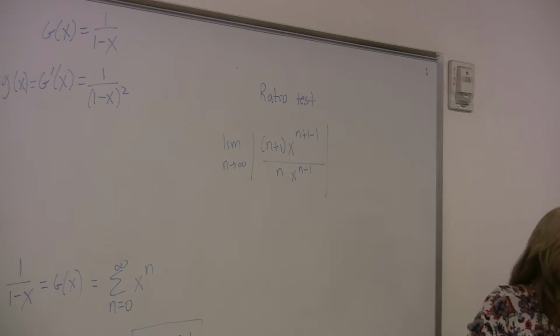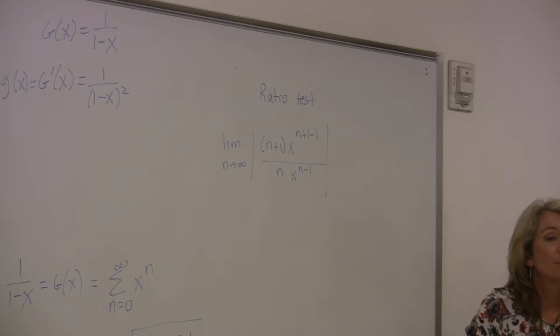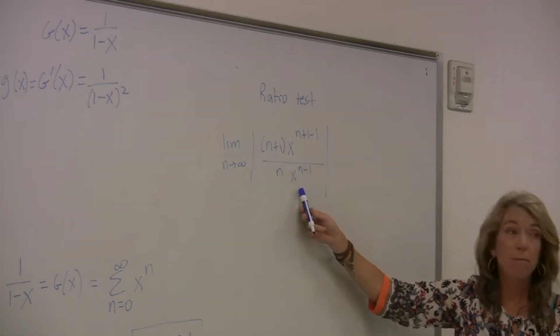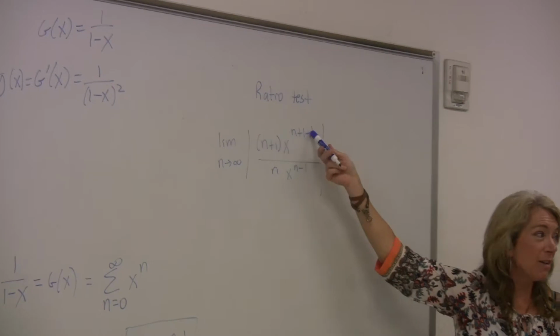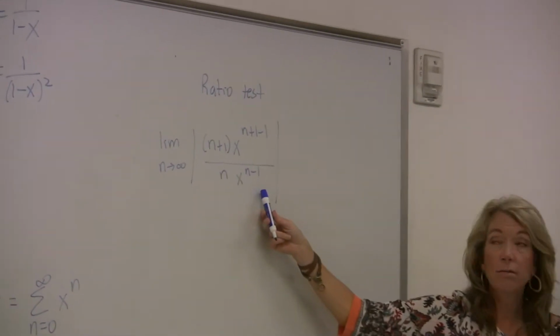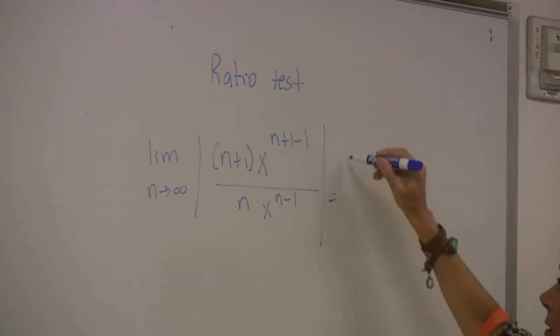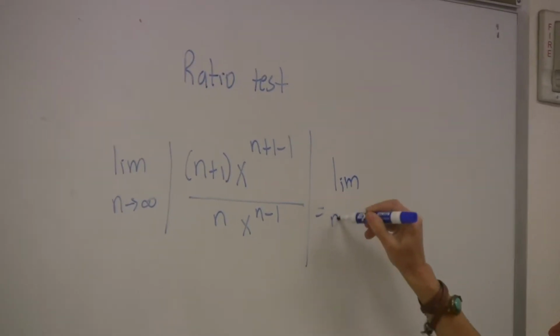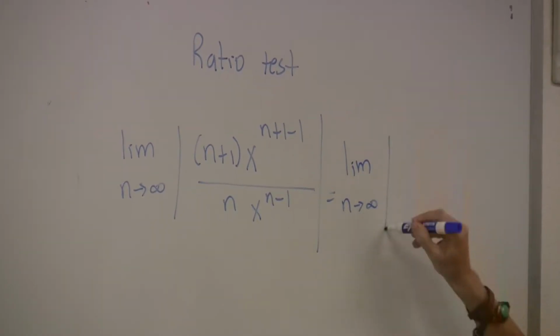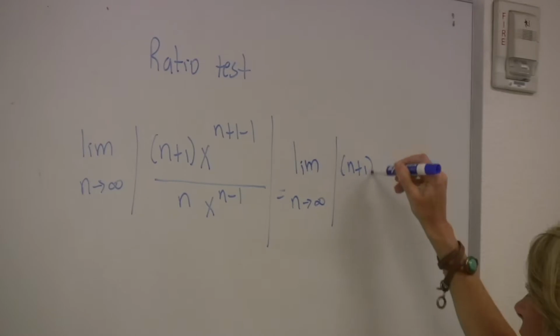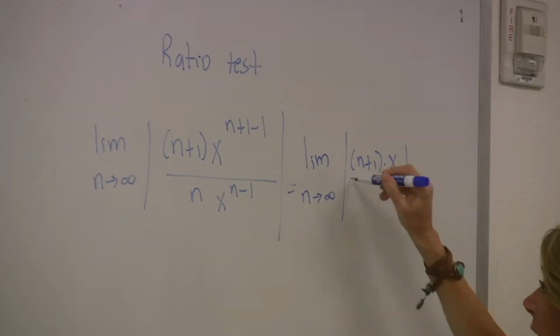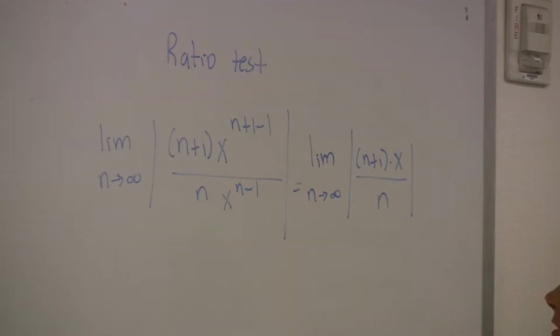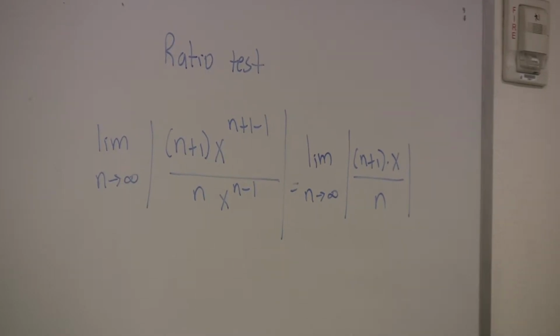What reduces here? The x^n and the x^(n minus 1). I have one extra x up here than I do down here. So the limit as n goes to infinity of n plus 1 just times x, and then n down here, because one extra x on the top.